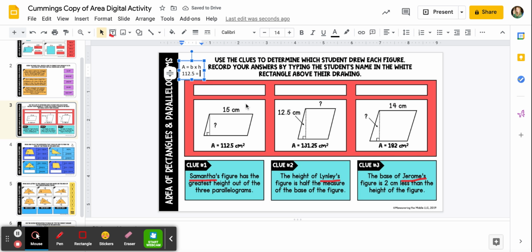And then they give you the base, 15, but they don't give you the height. So for that one, you're going to have to divide both sides by 15 to figure out the height of this picture.